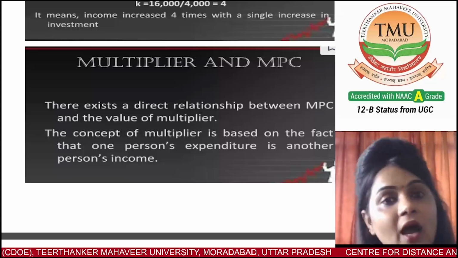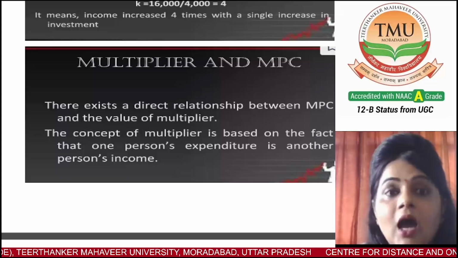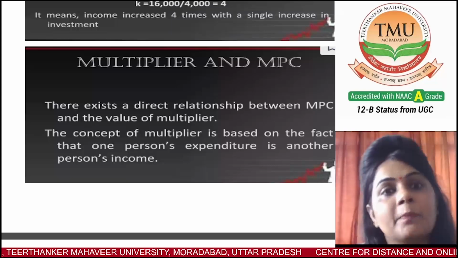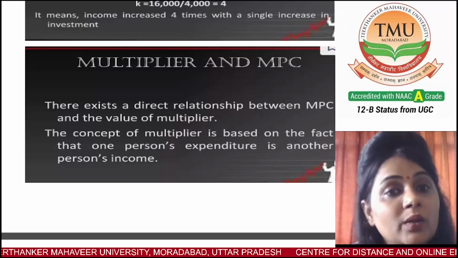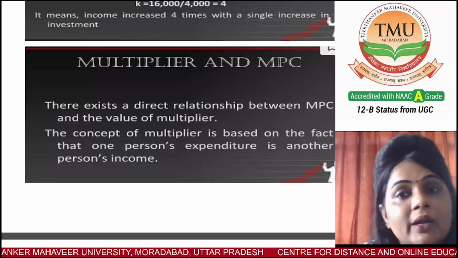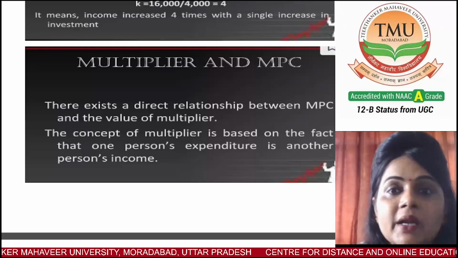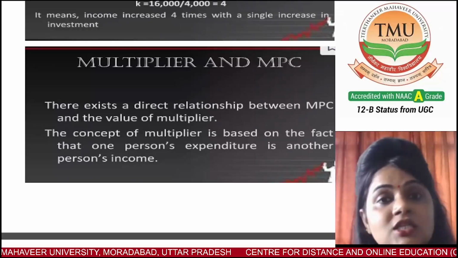In the case of higher MPC, the multiplier's value will be higher. As MPC increases, the value of the multiplier also increases. The multiplier value will be higher in such a situation.